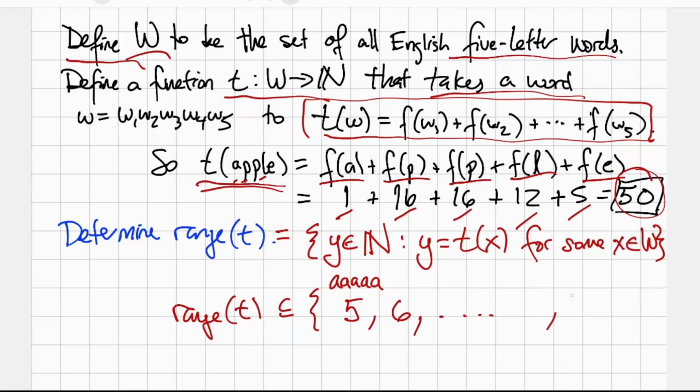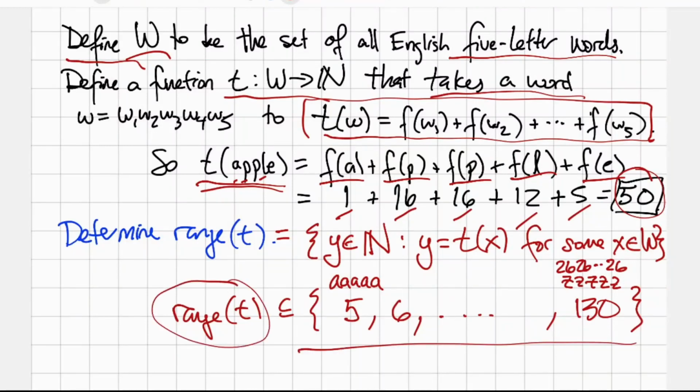And the maximum that this could possibly be, which is definitely not a word, unless you talk about falling asleep, that would be 26 plus 26 plus 26 plus 26 plus 26, which is 130. The range of this function is some subset of this, and it's almost certainly a proper subset of these numbers.